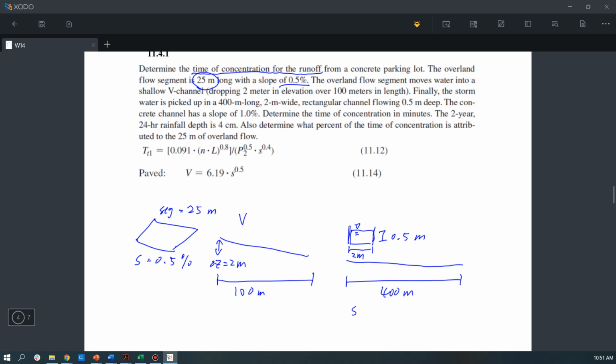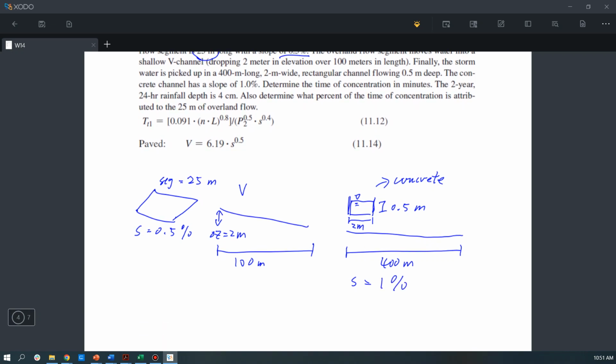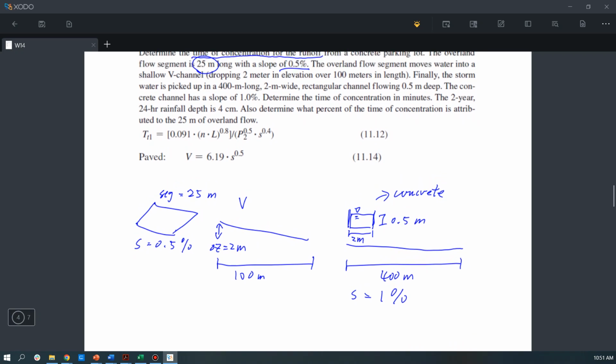This is a concrete channel, and the slope is equal to 1%. Okay, and we are calculating the 2-year 24-hour rainfall depth, that is 4 cm.